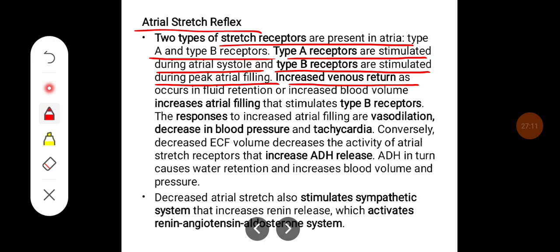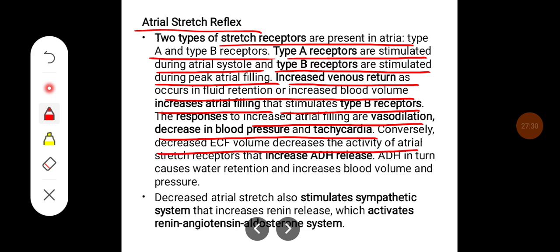Increased venous return, as occurs in fluid retention or increased blood volume, increases the atrial filling that stimulates type B receptors. The responses to increased atrial filling are vasodilatation, decreased blood pressure, and tachycardia. Conversely, decreased ECF volume decreases the activity of the atrial stretch receptors, which increases ADH release. ADH in turn causes water retention and increases the blood volume and pressure.